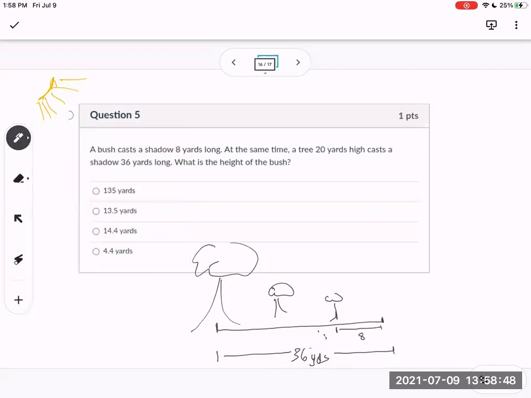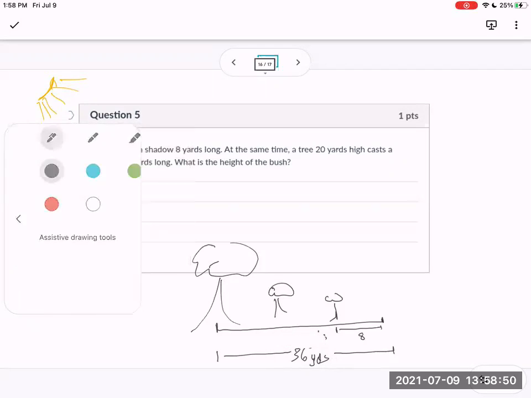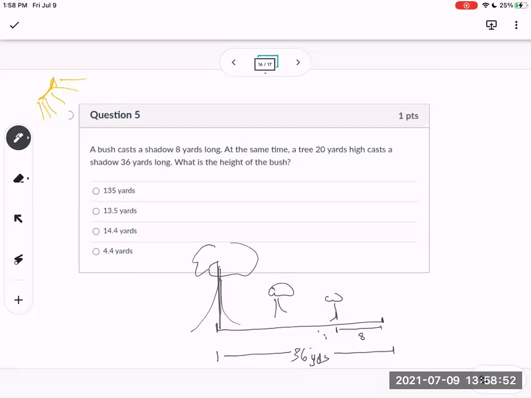And you know that this distance up here is 20. So my triangle, let me get rid of this other bush. So my triangles are basically this triangle right here, which is 20 high and 36 long. And then this triangle right here, which we have to find X, the height, and it's 8.